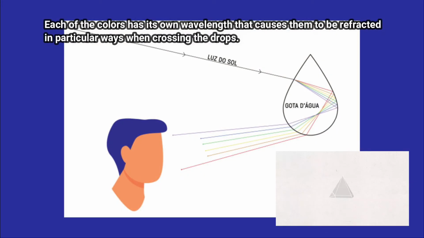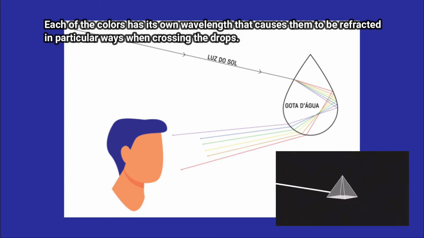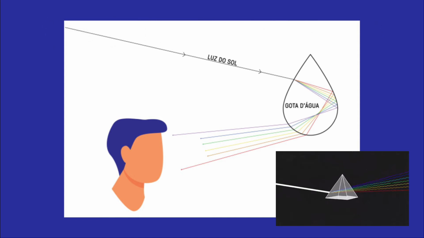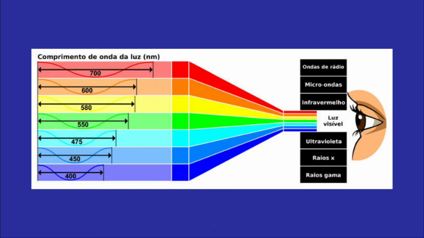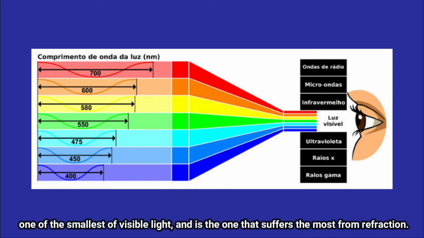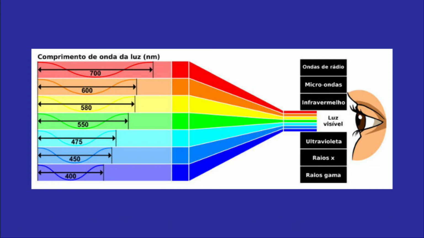Each of the colors has its own wavelength that causes them to be refracted in particular ways when crossing the drops. Based on the wavelength, we have as an example the violet color, which has a length of almost 400 nanometers, one of the smallest of visible light, and is the one that suffers the most from refraction.